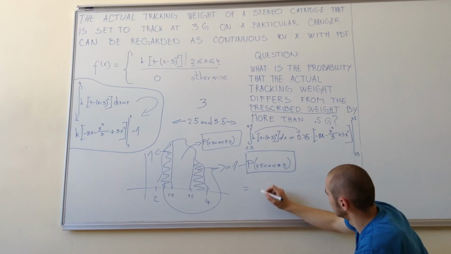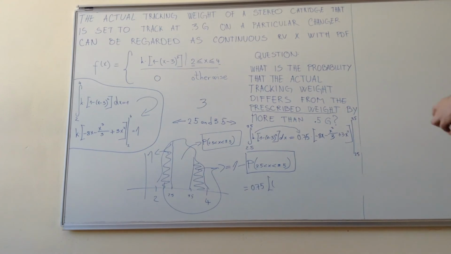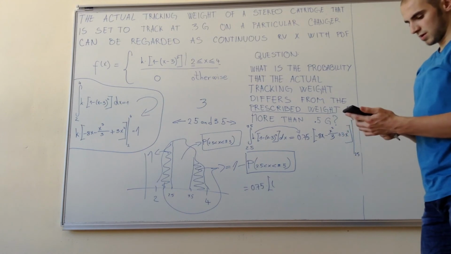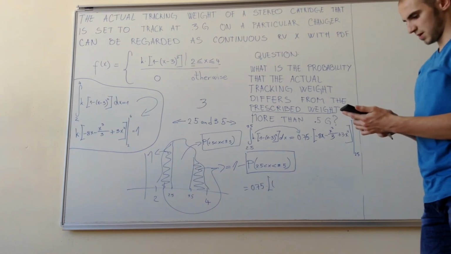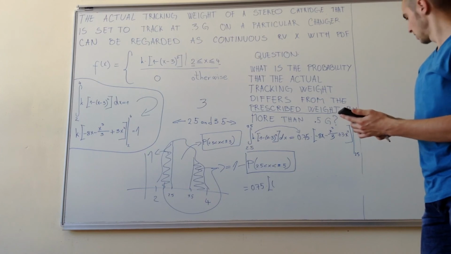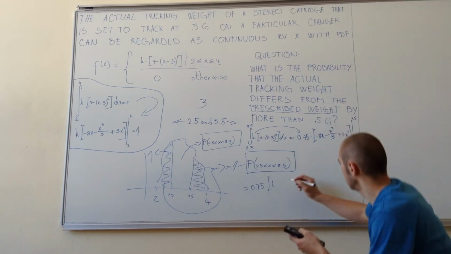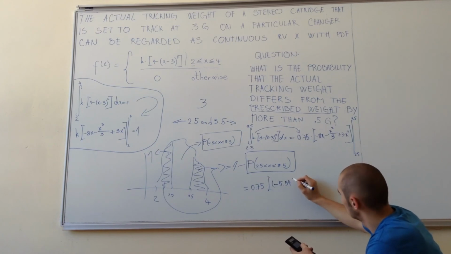So we will calculate this part. This will be 0.75 times, and again our calculator. It will be minus 8 times 3.5 minus 3.5 cubed divided by 3 plus 3 times 3.5 squared, which will be minus 5.5416.